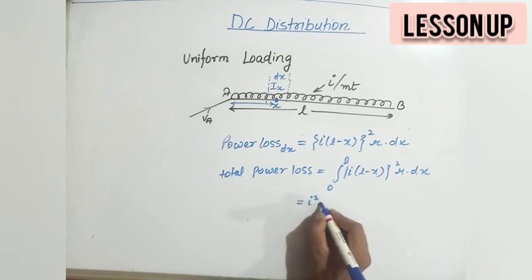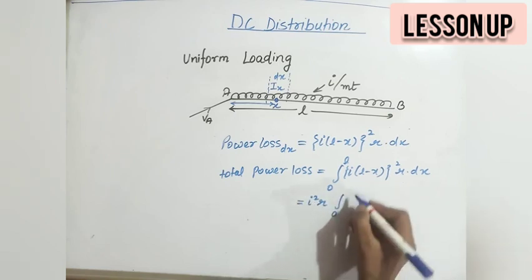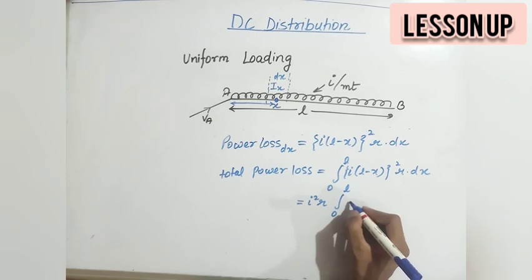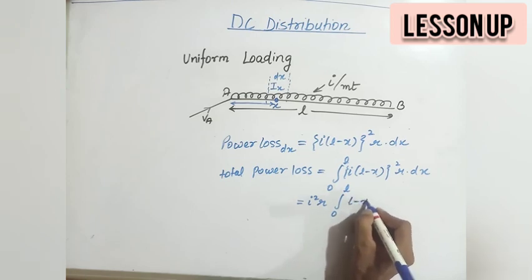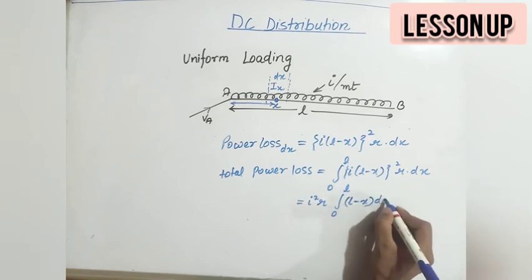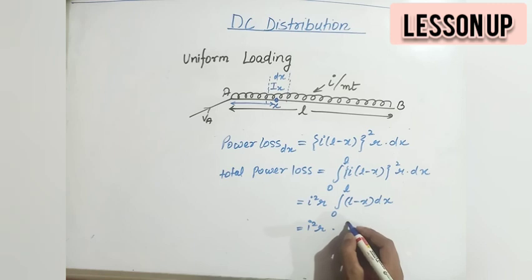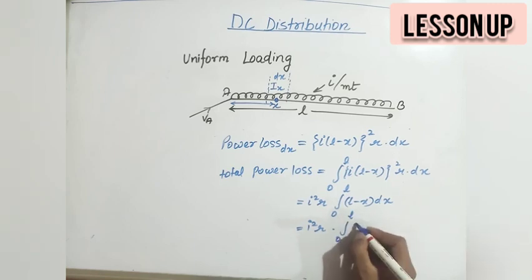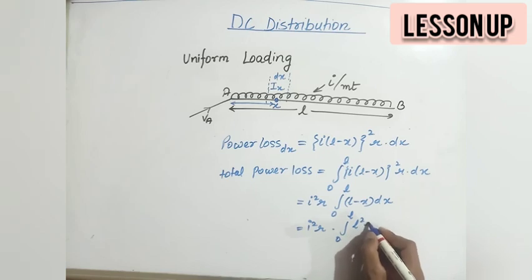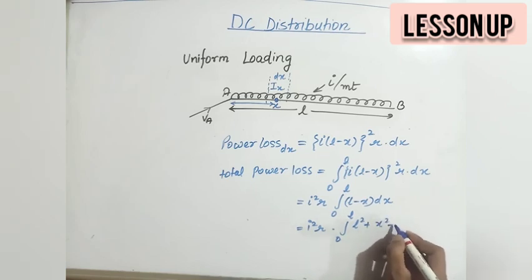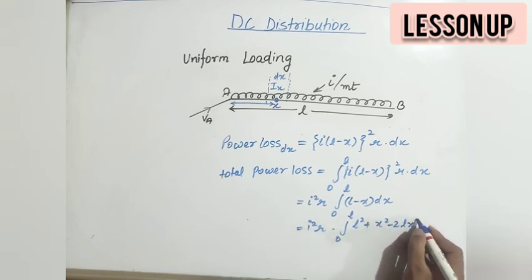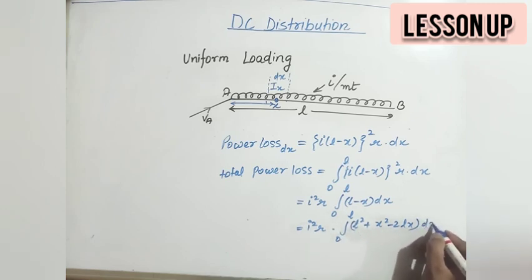I square R will be taken out and 0 to L, L minus x squared, dx. So I square R, 0 to L, L square plus x square minus 2 L x, dx.